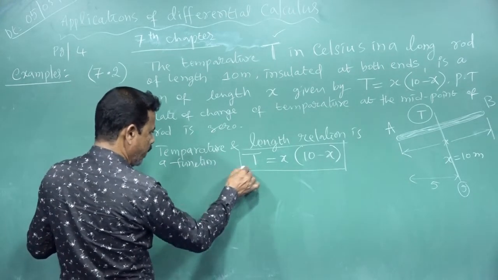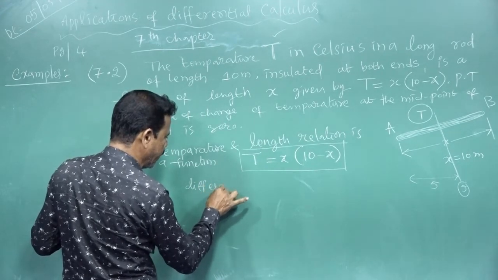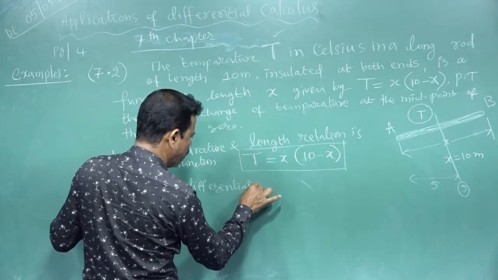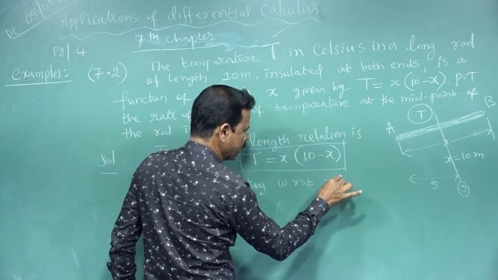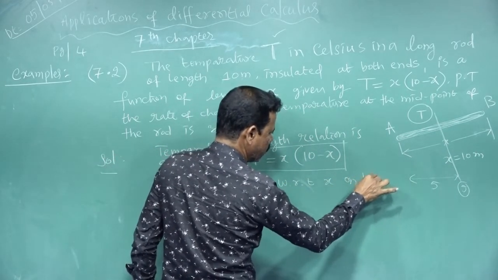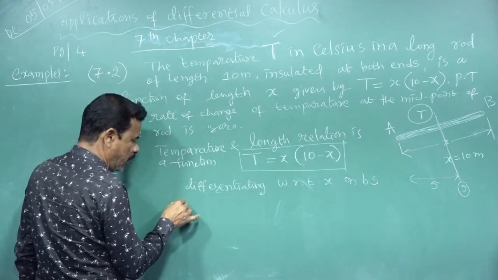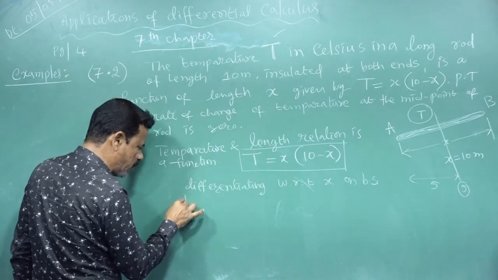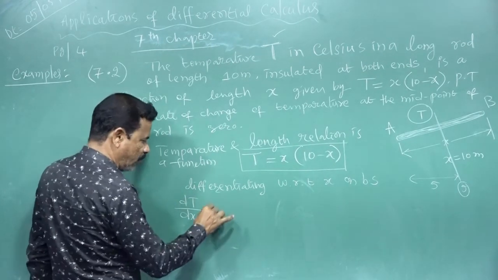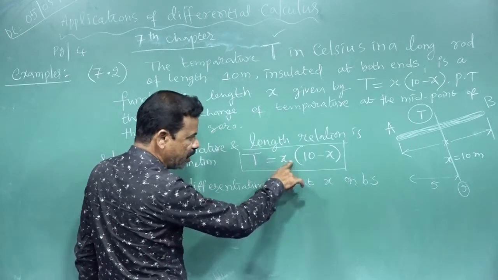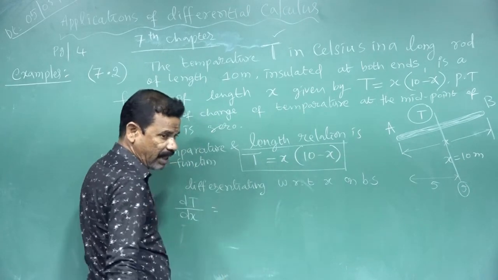Now differentiating T with respect to x on both sides. Differentiation of T with respect to x is written as dT/dx. Here we have x(10 - x). This is the UV method.